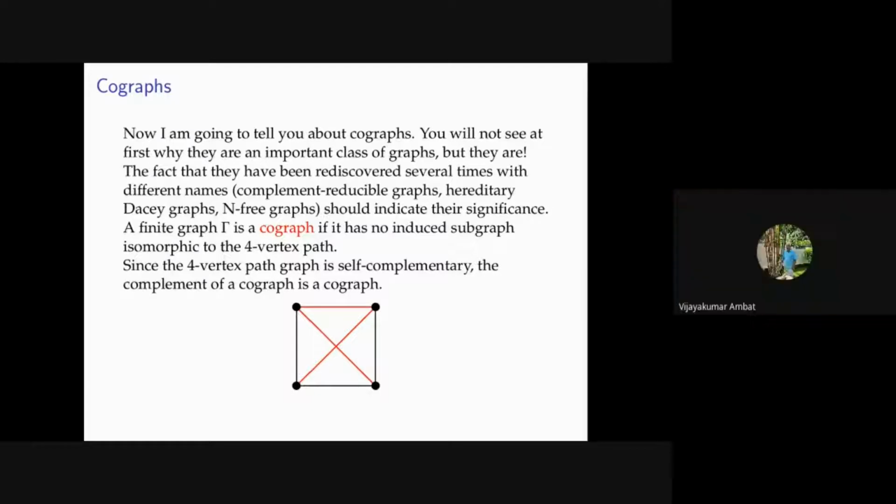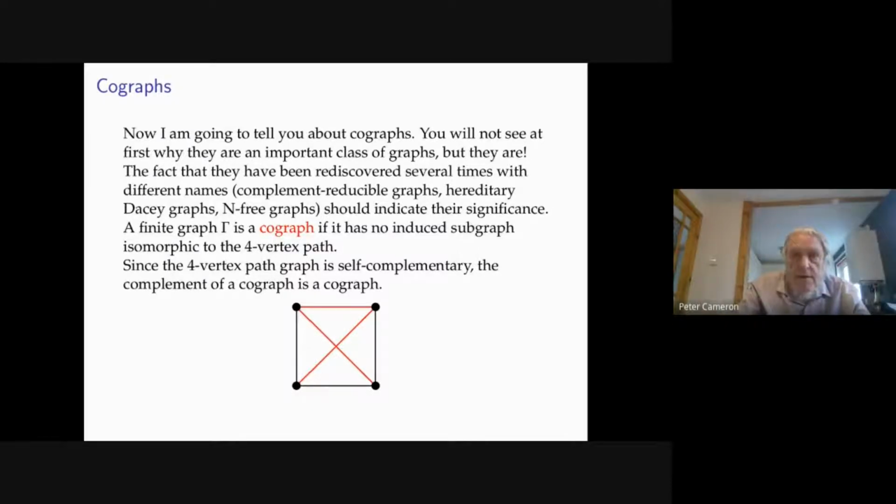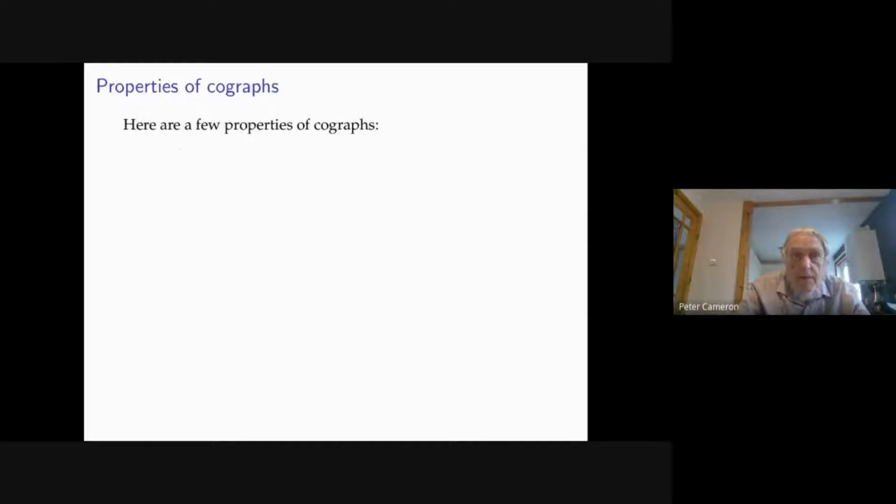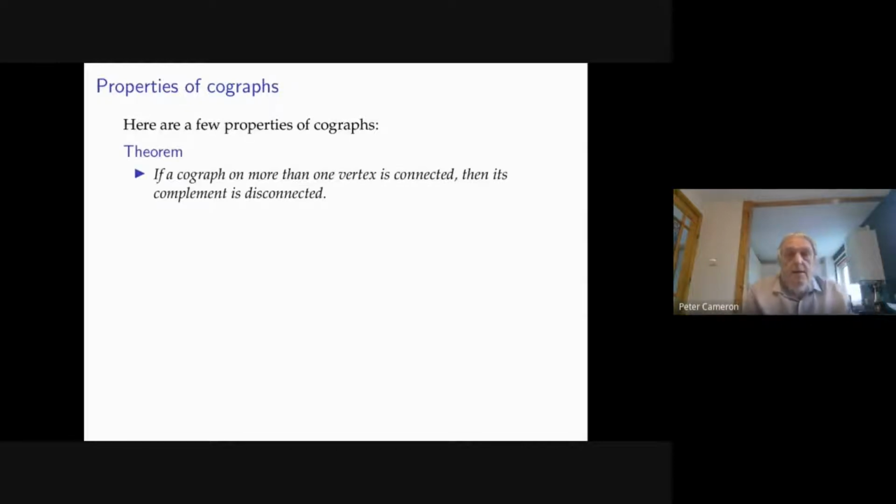So let's look at this class of cographs. Here are some of its properties. These things, incidentally, are not difficult, but I'll leave them to you as exercises. You'll get some feeling for this class of graphs if you try these exercises. So if you have a cograph on more than one vertex, if it's connected, then its complement is disconnected.